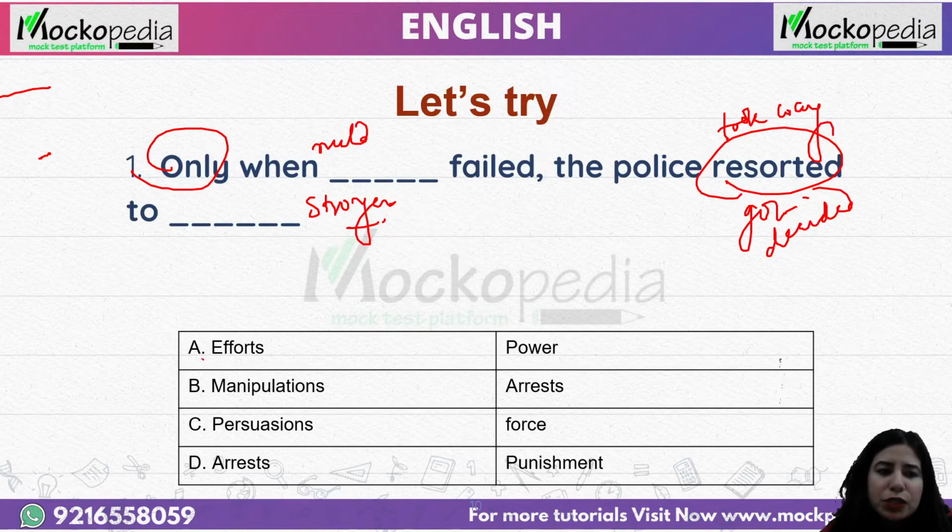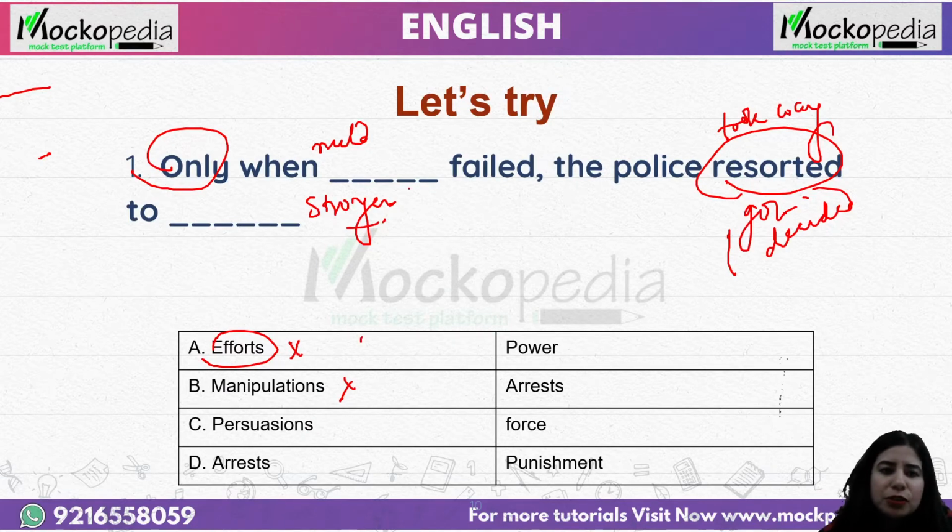Only when efforts failed, so police is resorting to another action, that would be also effort, so effort cannot fit in, so we can eliminate it. Manipulation is when you play with the thoughts of another person, fooling somebody. So police would not manipulate.